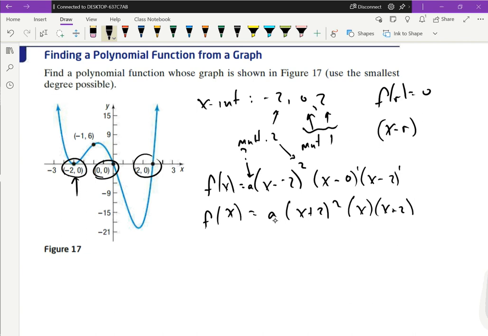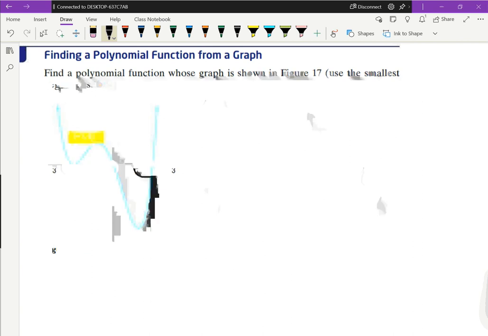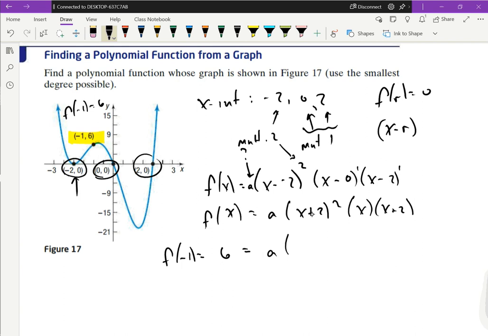As we finish this up, what's the value for a? We need another point on the graph, and that's where this -1, 6 comes in. If this is -1, 6, then f of -1 equals 6, which is the rest of this evaluated when x is -1. So -1 plus 2 squared, multiplied by -1, multiplied by -1 minus 2.